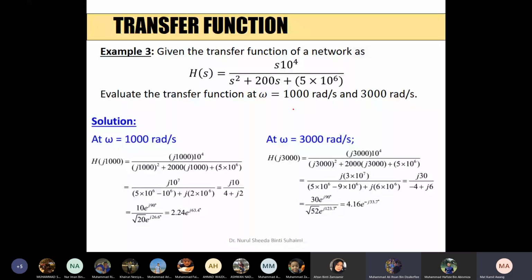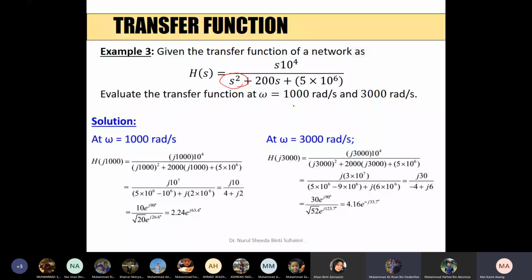Second order, sir, because of the s to the power of 2. S to the power of 2 is a second order.